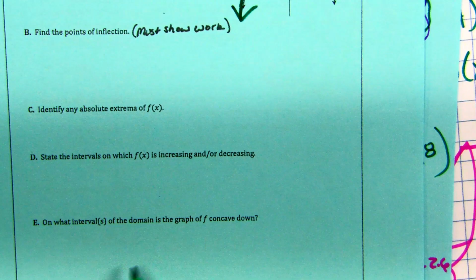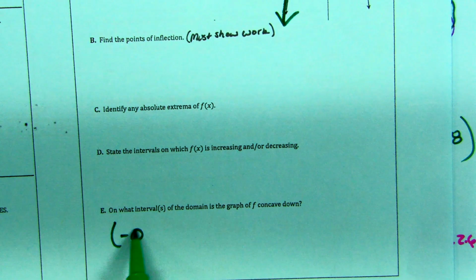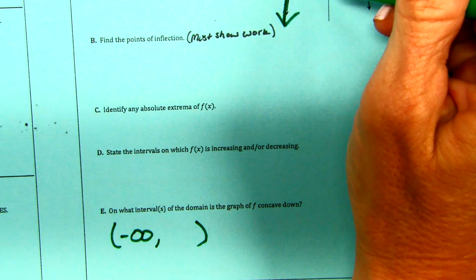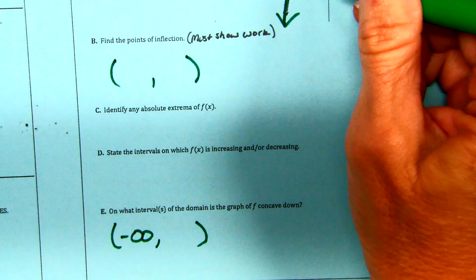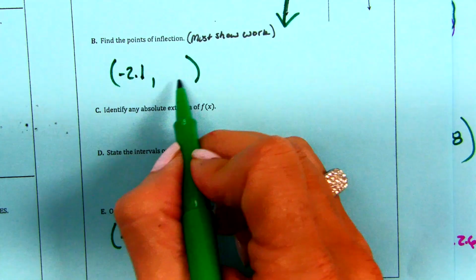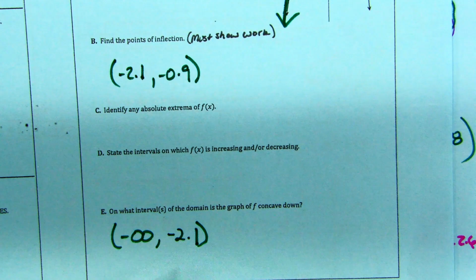So when I go to answer part E, I would say -infinity to what? Do you remember that quiz we had? We had to kind of look at the number line and name it. We don't have to do that here. We already found that point of inflection, which is right here. We found it. It's -2.1 to -0.9. So I know exactly what to put here.